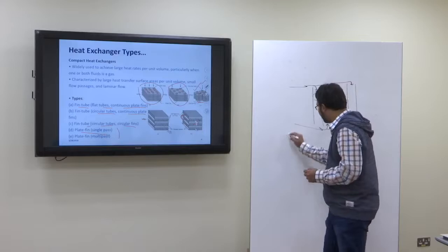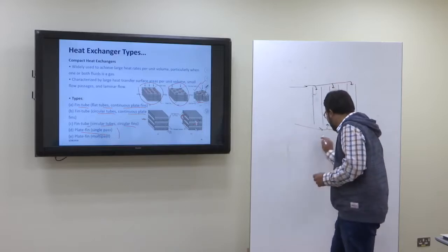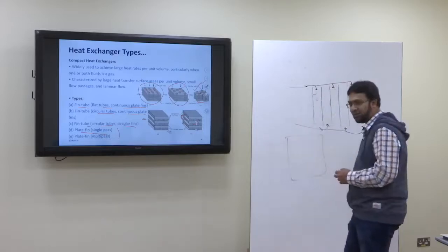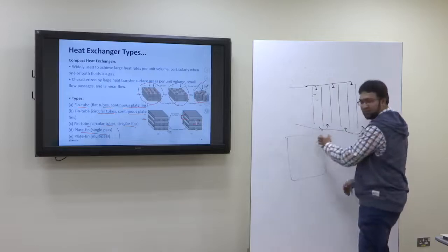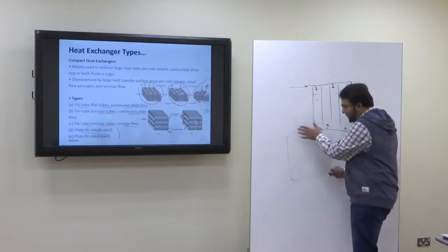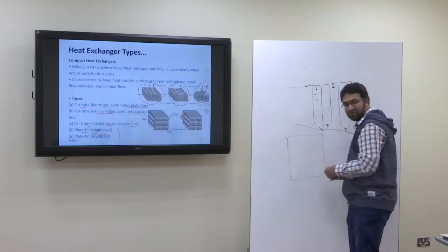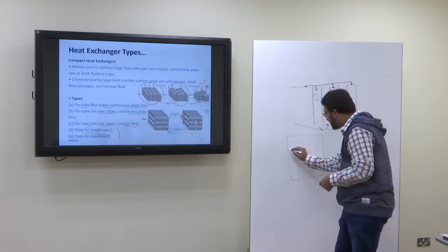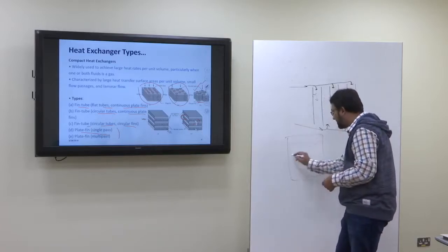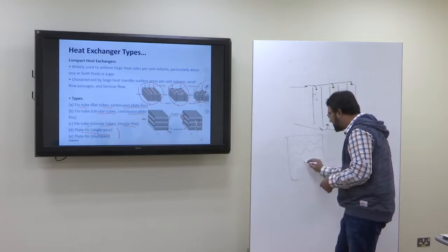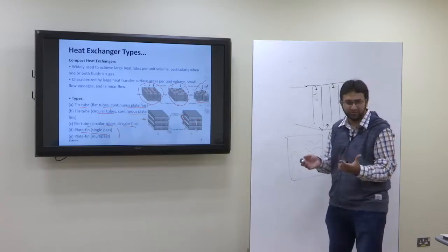Let's say I see the plate here, this is one of the plates, and I know the fluid will pass through the plate. So now if we make a certain feature here, this feature will behave as a kind of fin.